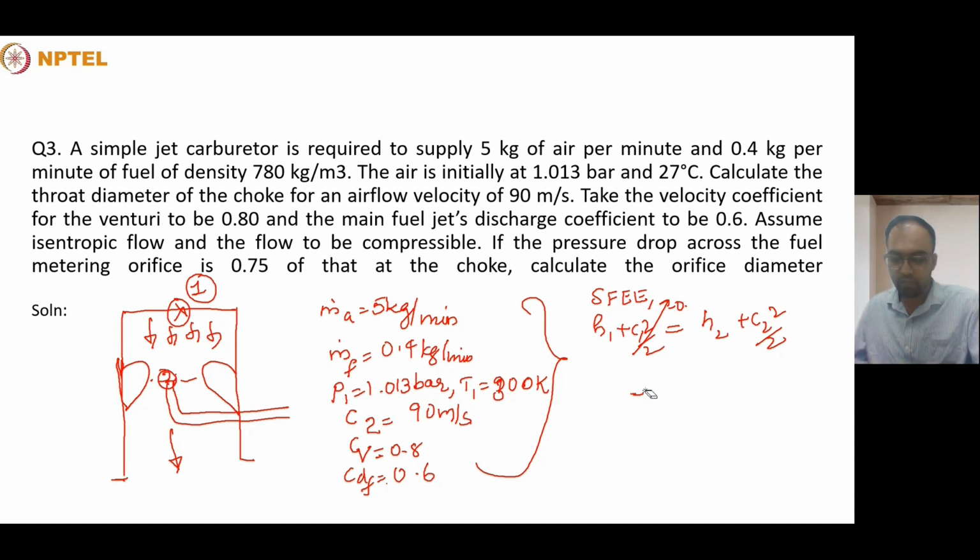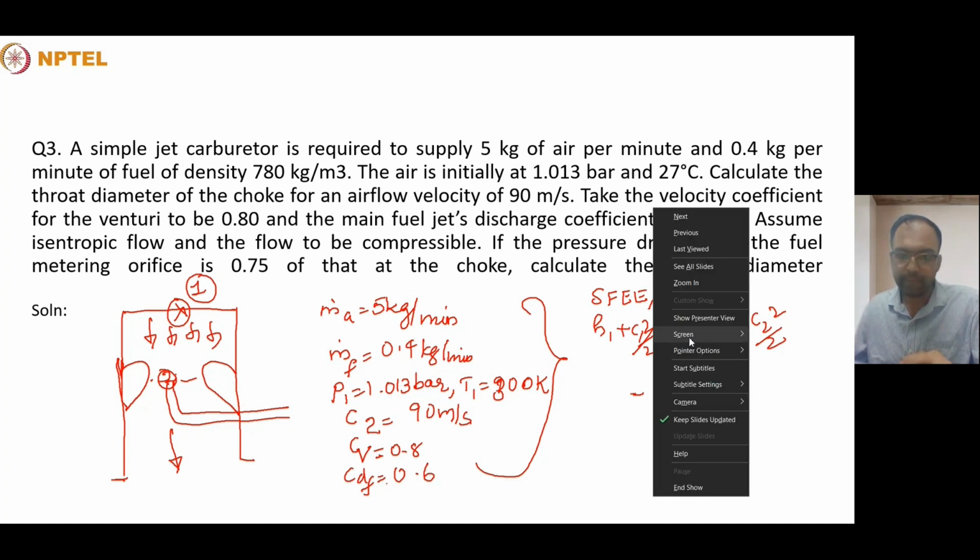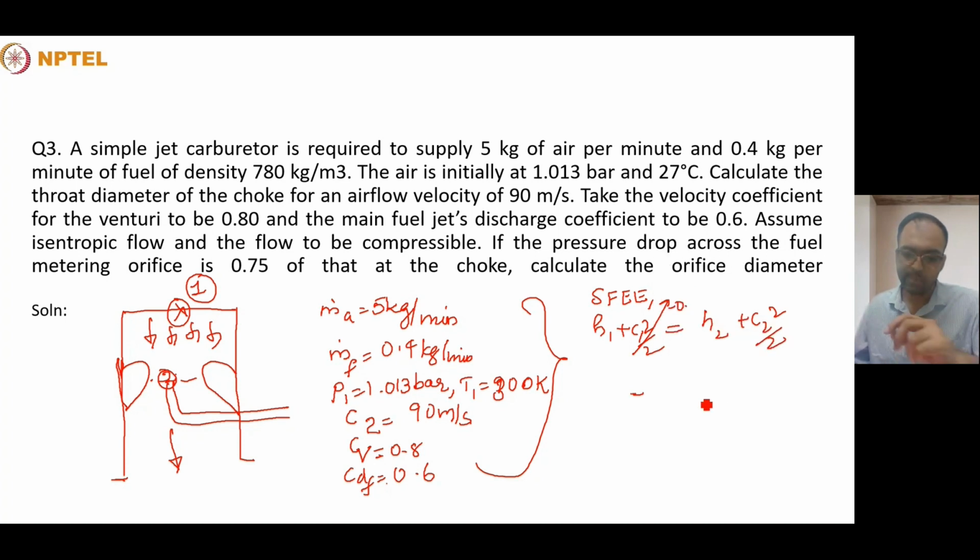So we calculate the actual velocity of air at the point 2.